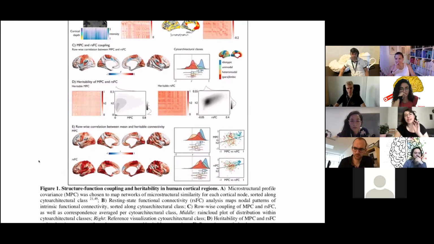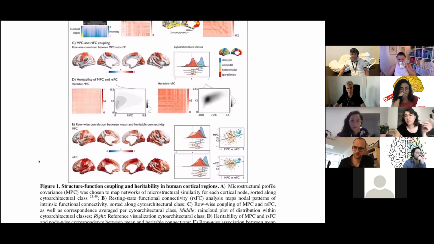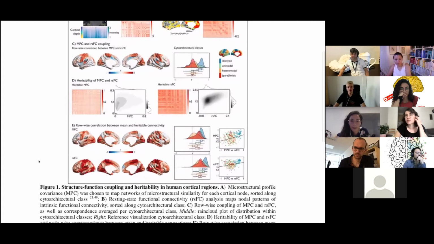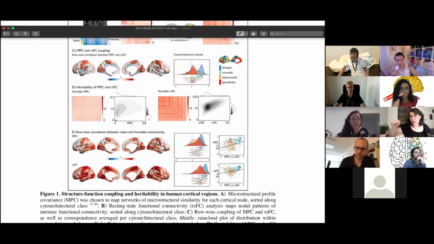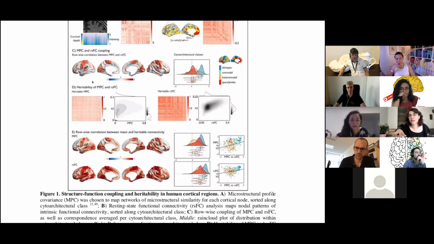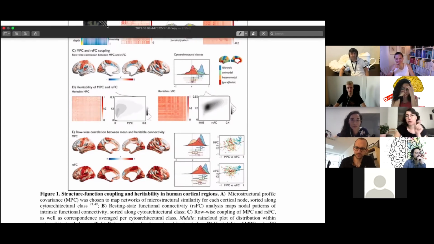I was reading briefly the text and I just read genetically related, so I thought maybe the HCP has some genetic sequencing, but probably it's just twins. I have to check the methods again. Yeah, I think it's twins.